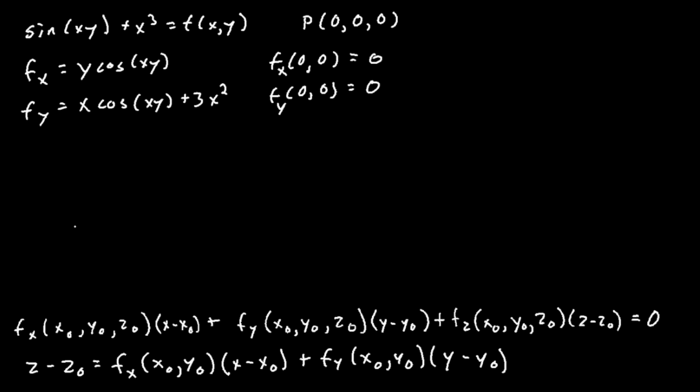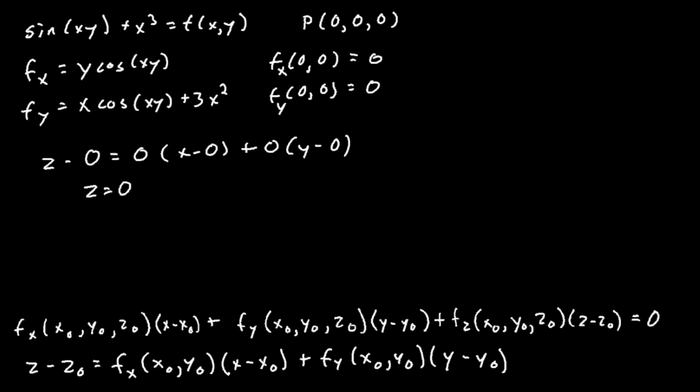So z minus z null is just z minus 0, which is equal to our partials: x minus 0 plus 0 times y minus 0, and everything just turns into 0, so you just get z is equal to 0. So this is our tangent plane, z is equal to 0.